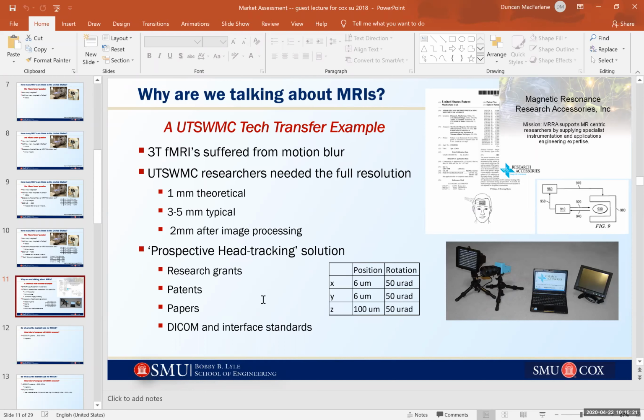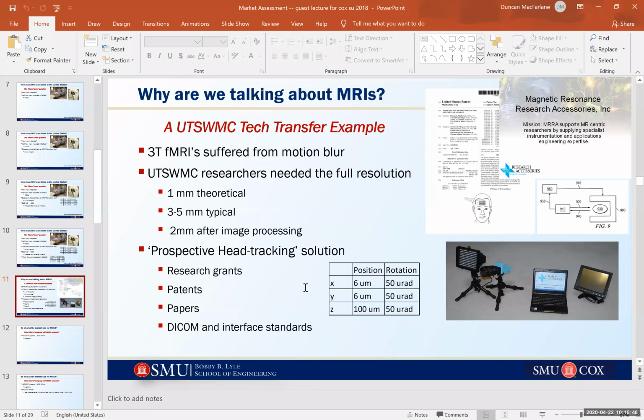What was your market power, if you want to think of it that way? There were some developments. We talked a little bit about standards, and there were some DICOM standards for the images, and that was hugely useful because an open standard for the images meant that we could do our image processing very, very quickly.